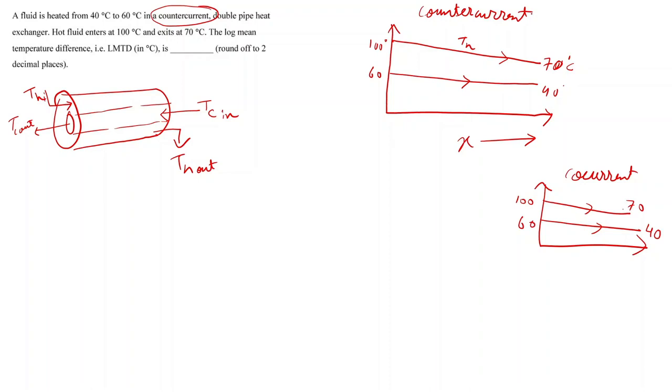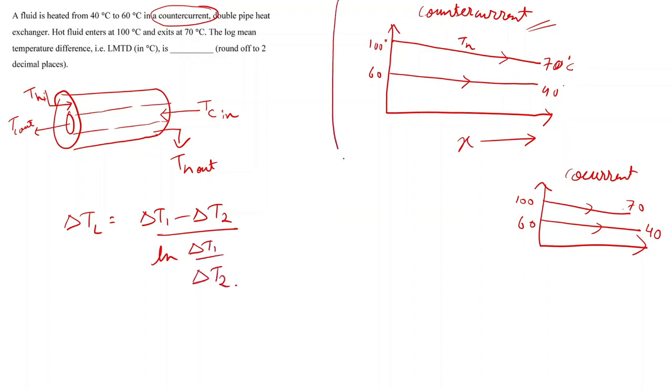But here we have been given counter current, so we will be using this temperature profile. And LMTD, the log mean temperature difference, is given as delta TL is equal to delta T1 minus delta T2 upon ln of delta T1 upon delta T2. So we will be using this temperature profile and not this one.